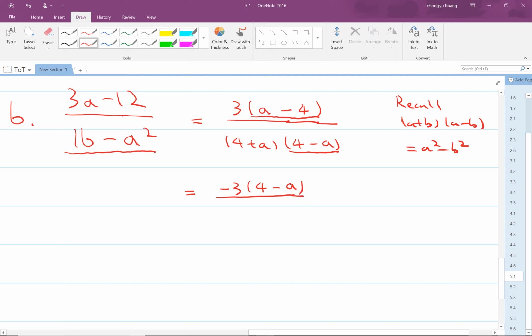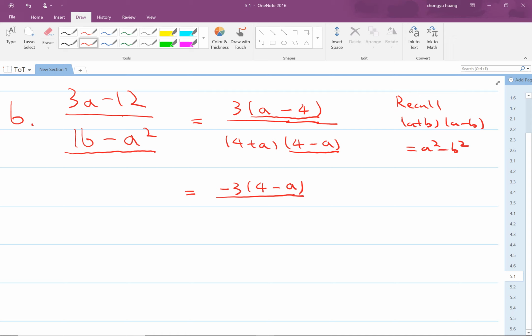Basically we have to switch the sides in order to cancel the term 4 minus a. That's why we put a negative outside.